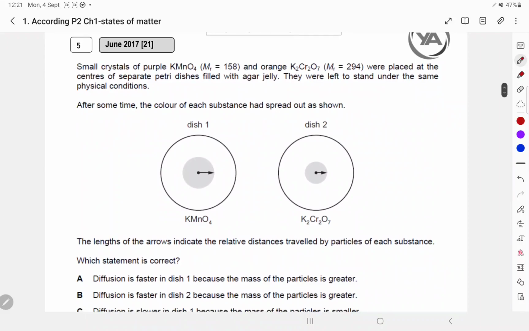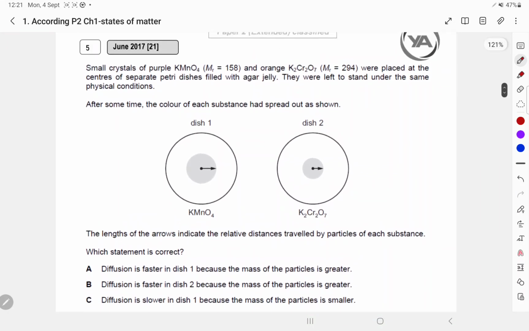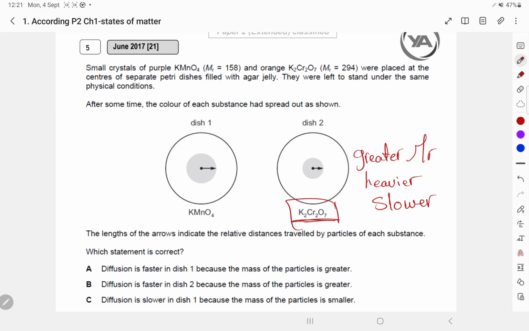Small crystals of purple potassium manganate, Mr 158, and orange potassium dichromate, Mr 294, which means that potassium dichromate has greater MR, so its particles are heavier, so they will be slower. This is the potassium dichromate.